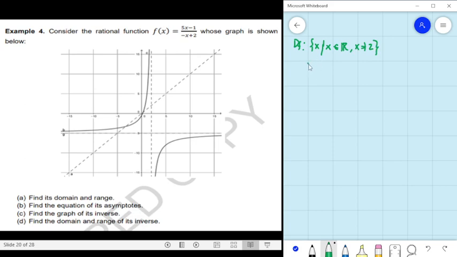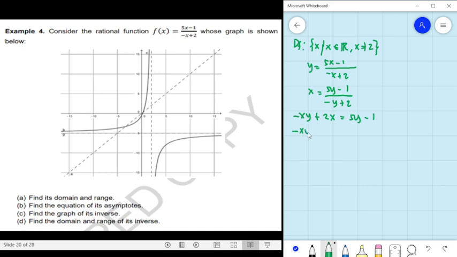We have y equals 5x minus 1 all over negative x plus 2. Exchange: x equals 5y minus 1 over negative y plus 2. By cross multiplication, we have negative xy plus 2x equals 5y minus 1.